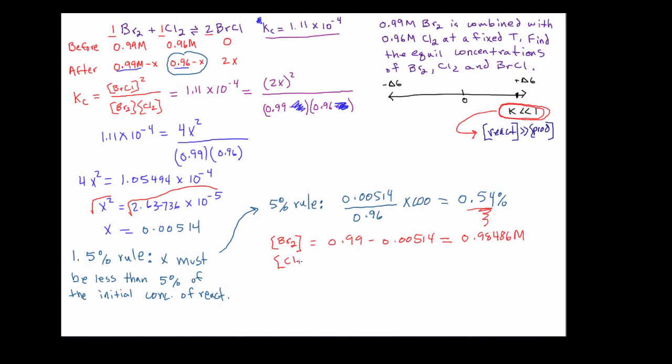The Cl2 similarly is going to be 0.96 minus the same value, so x is 0.00514, and so the molarity at equilibrium of the Cl2 is going to be 0.95486.